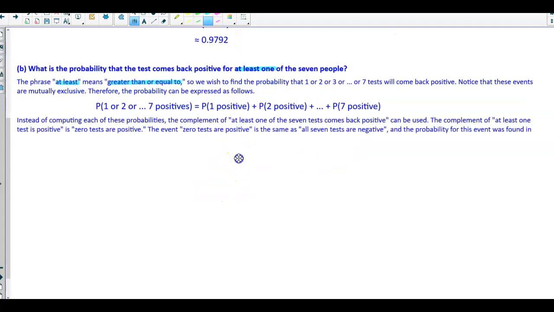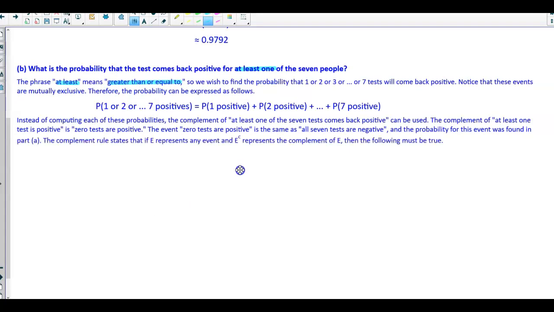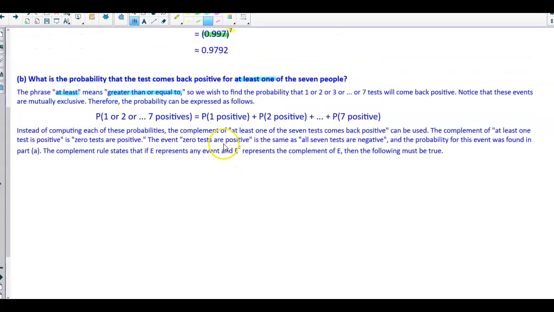Instead of computing each of these probabilities, we can use the complement of at least one of the 7 tests coming back positive. The complement of at least one test is positive is 0 tests are positive. That means the event 0 tests are positive is the same thing as all 7 tests are negative.